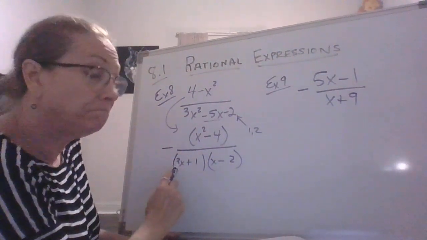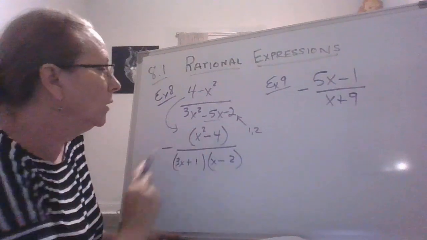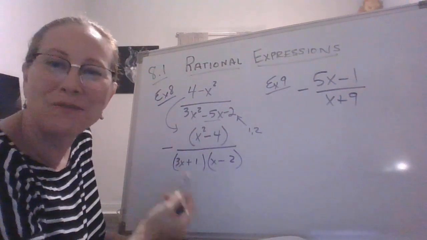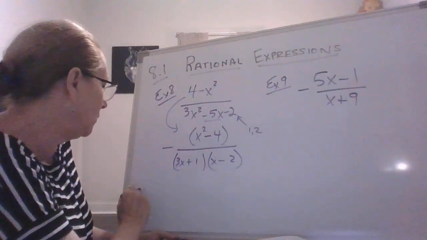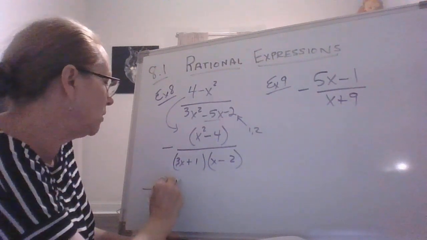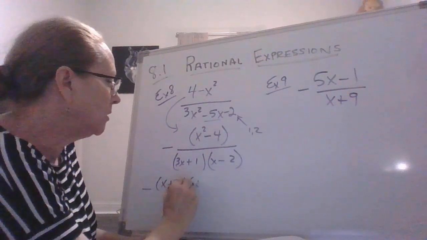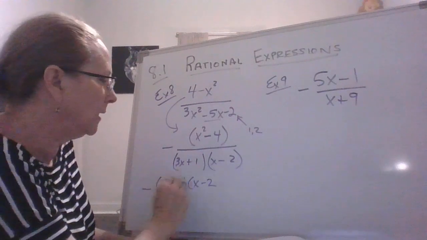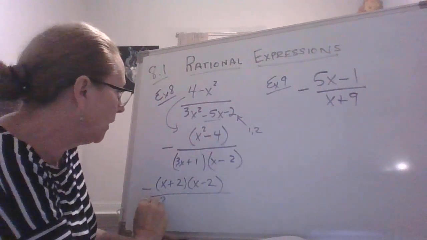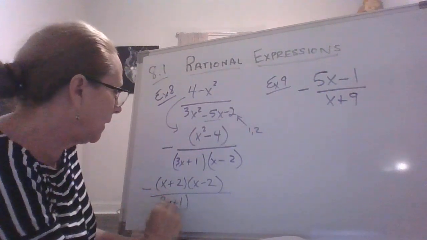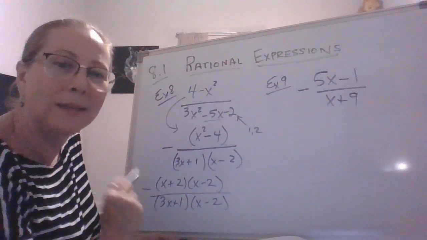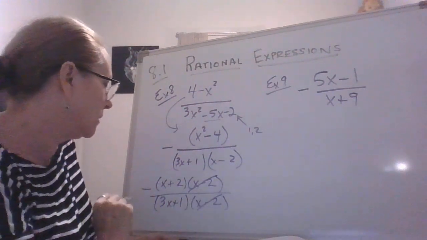So now that we have that one factored, we notice it's not matching the numerator. That's because we didn't factor the numerator yet. So leave the negative out front. This is the difference of 2 squares. x plus 2, x minus 2 are conjugates. The square root of x squared is x, the square root of 4 is 2, over 3x plus 1 and x minus 2. The x minus 2, now you can see, cancels.